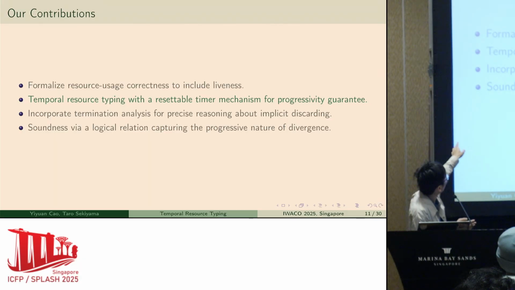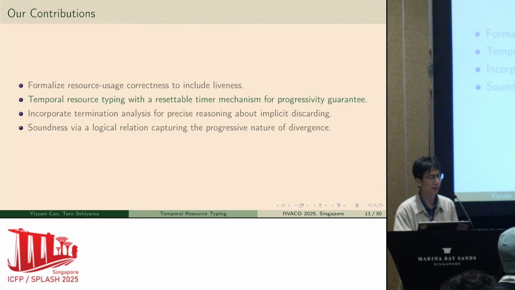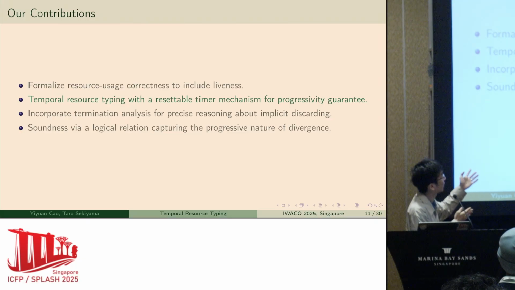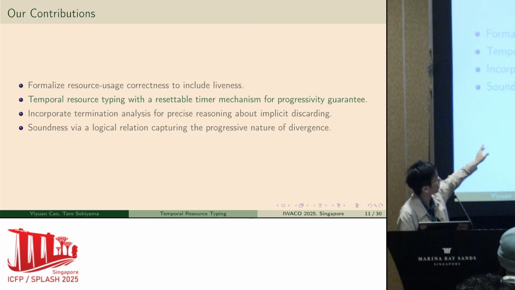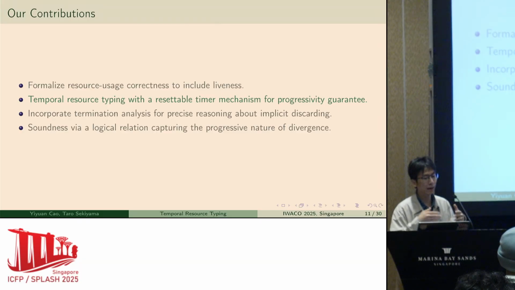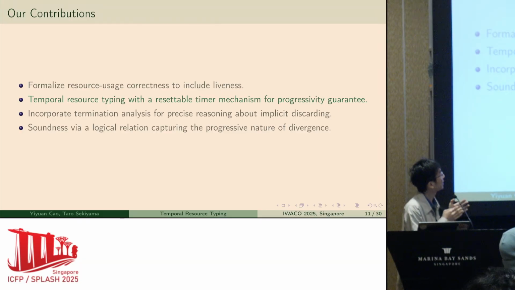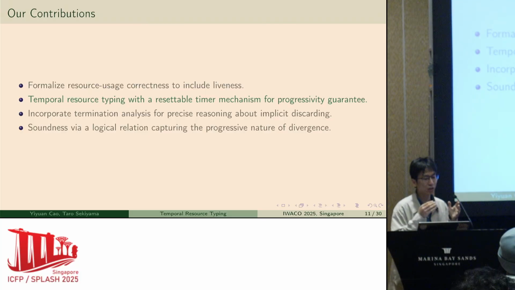The fourth bullet point is about our proof technique, which requires a logical relation to capture what happens when divergence happens. Today's talk will focus on the second bullet point, which I think is our main novelty: a resettable timer mechanism for ensuring liveness of resource usage.